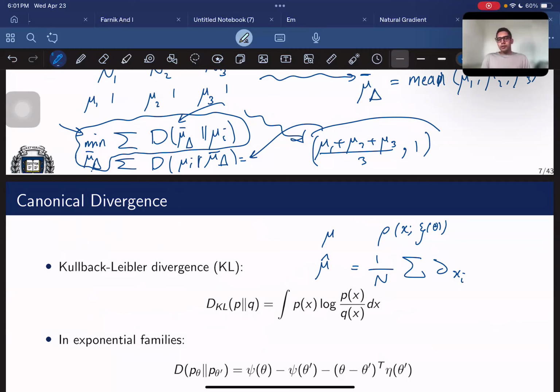Now you can start from this point mu hat, and this is the space, the manifold of all normal distributions, or this kind of parametric distribution. Now you can take a look at this curve.